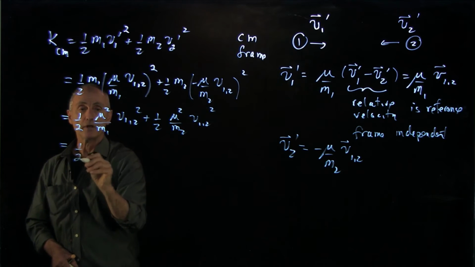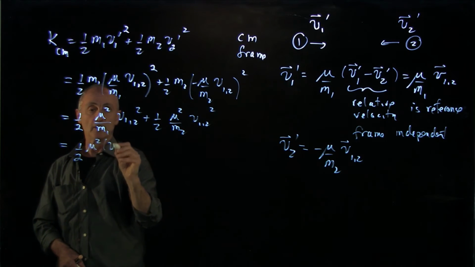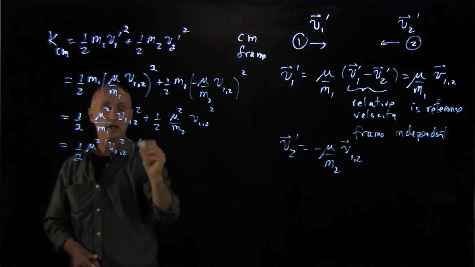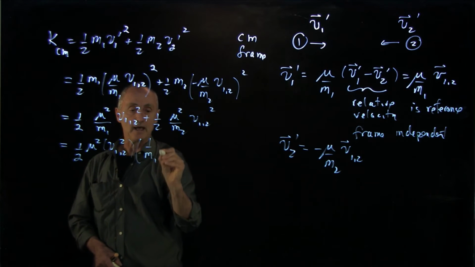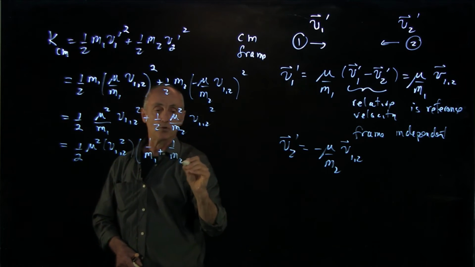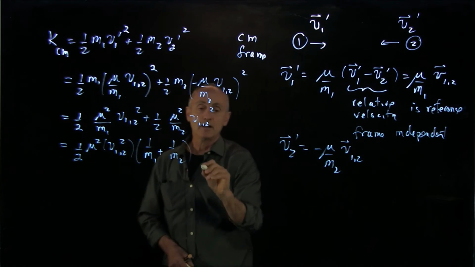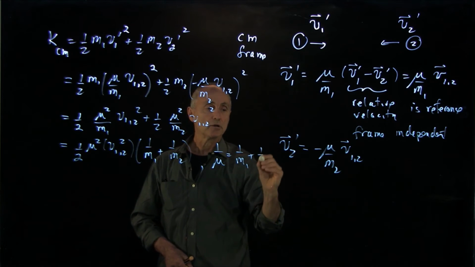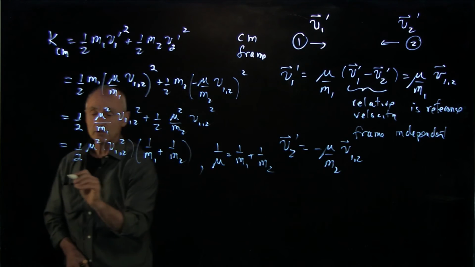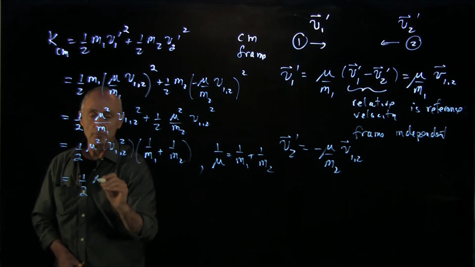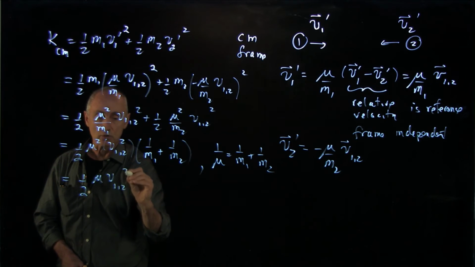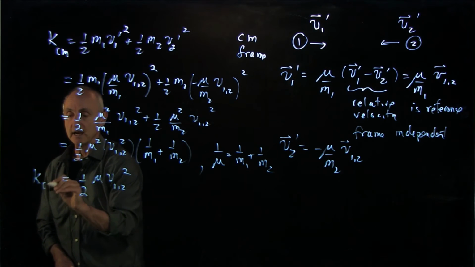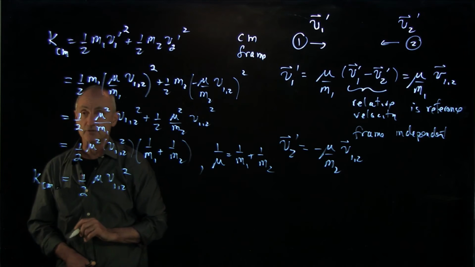So I pull out the common terms, mu squared, v12 squared. I have 1 over m1 plus 1 over m2. But recall that the reduced mass was precisely 1 over m1 plus 1 over m2, inverted. And so I get 1/2 mu times v12 squared is the kinetic energy in the center of mass frame.